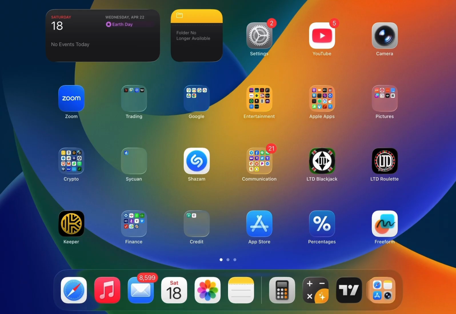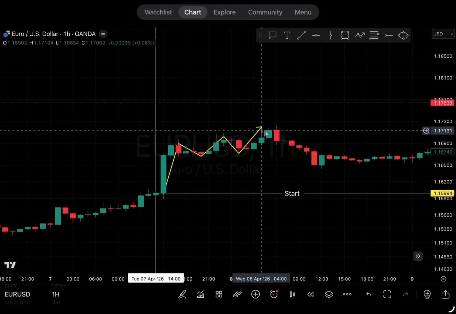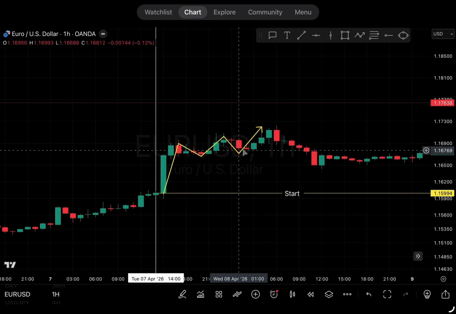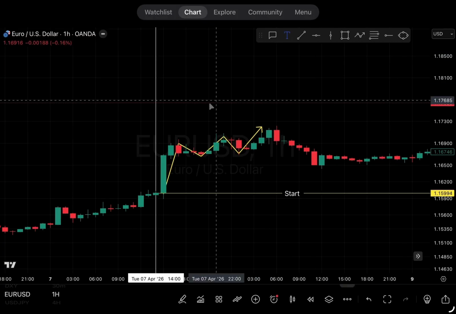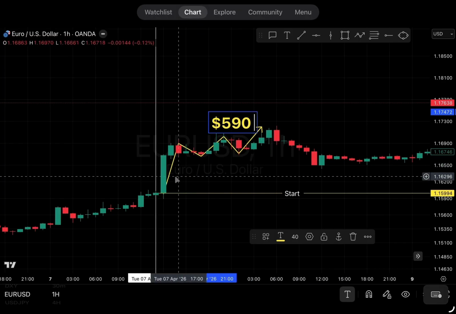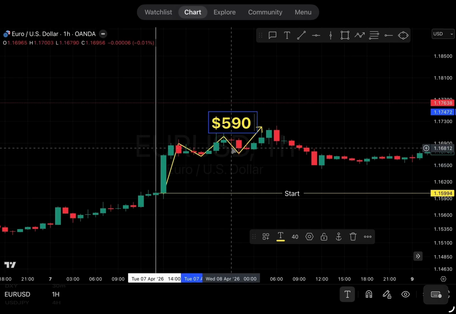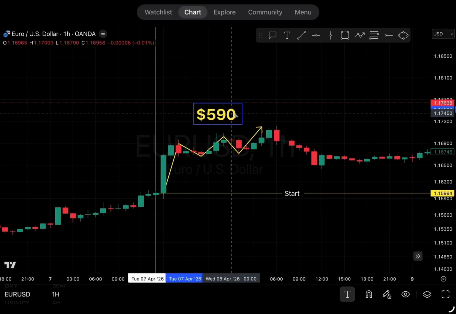So you guys need to understand that even in this little movement right here to here, which took 14 hours, we made $590 if we were trading at $5 per pip. Which is very, very decent, right? Who could use $590 extra to play with? Or you just press buy, let it rock for 14 hours and get out here. That's not bad, right?